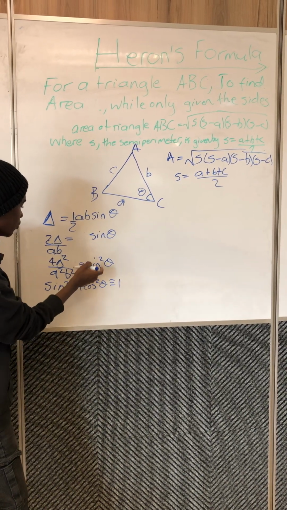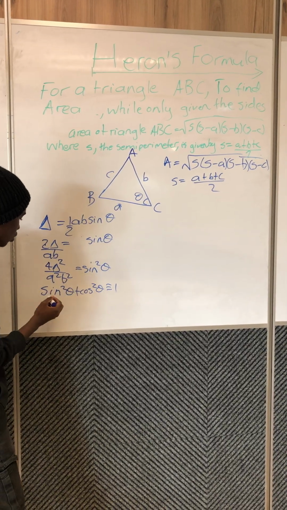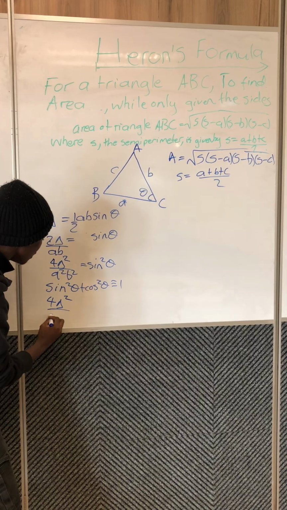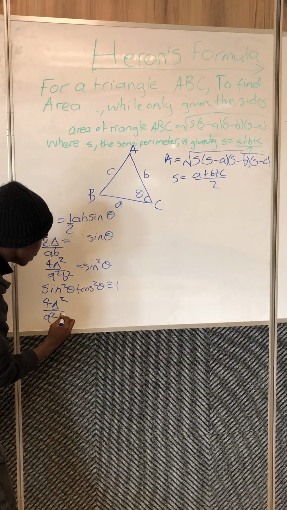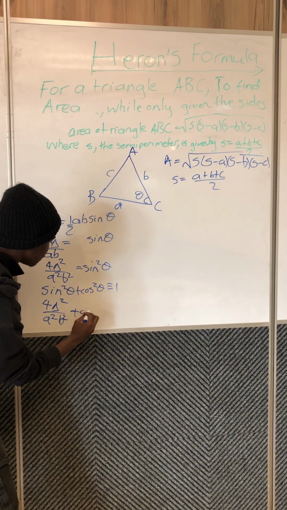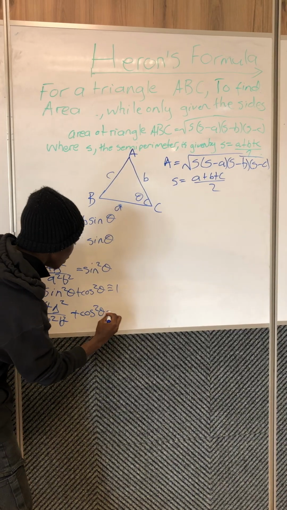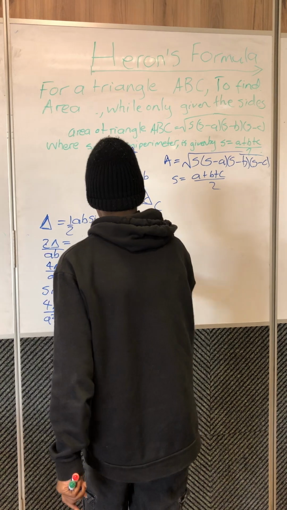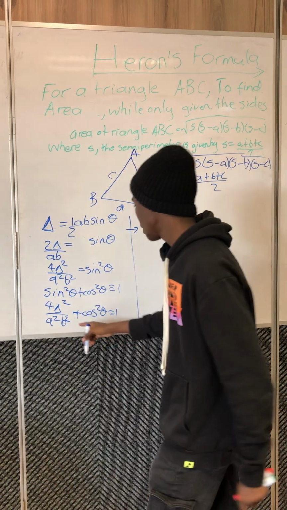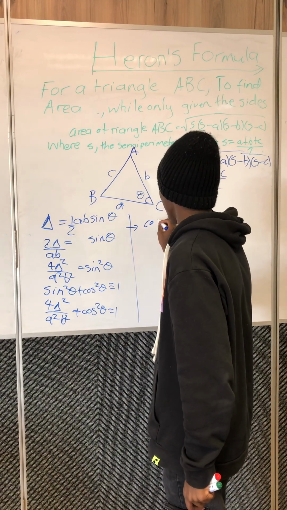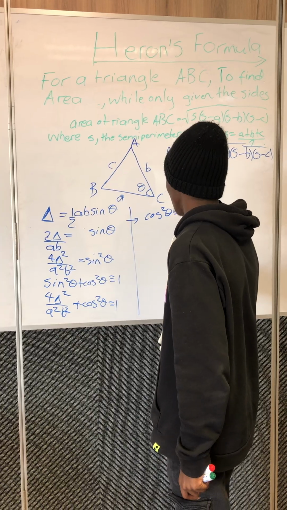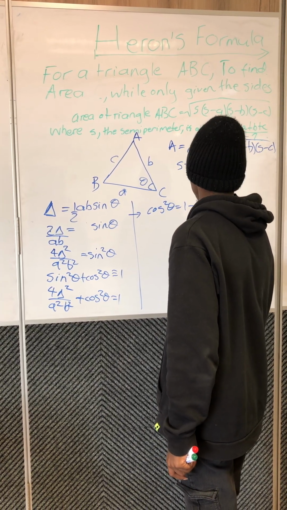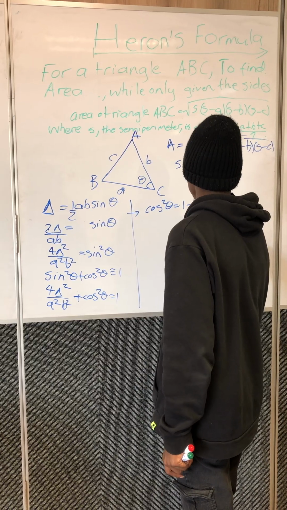So here we can put our sine squared, which is 4 delta squared divided by A squared B squared, plus cos squared theta equals 1. And here we are going to get cos squared theta is equal to 1 minus 4 delta squared divided by A squared B squared.